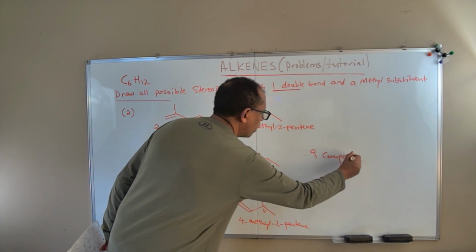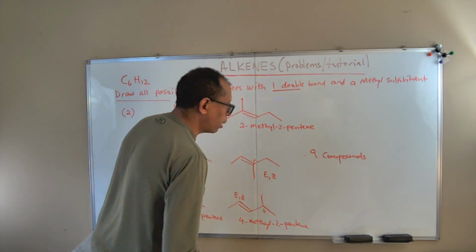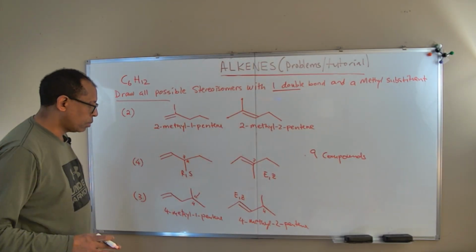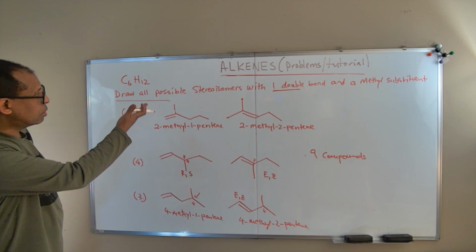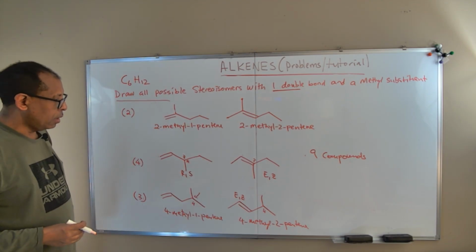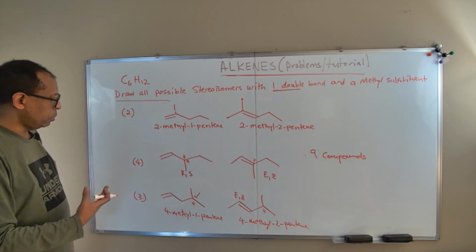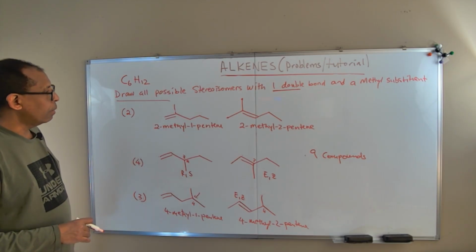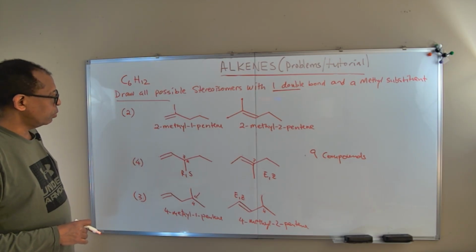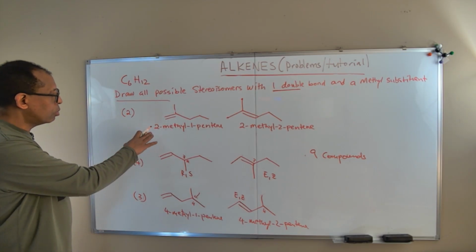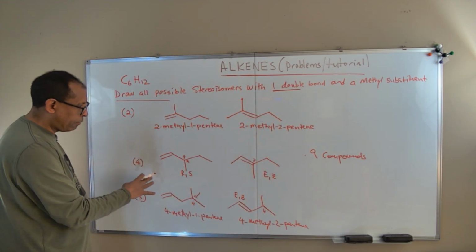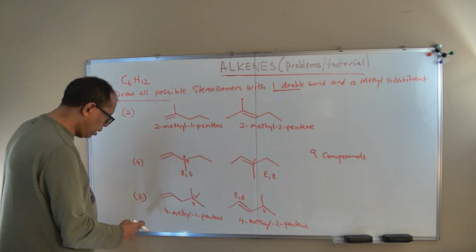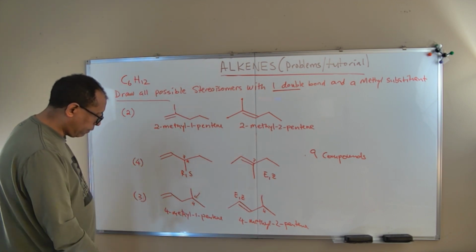At least we can write 9 stereoisomers or 9 different compounds of this C₆H₁₂. So you can exercise if you could write any other stereoisomer, that would be nice. So 2 methyl 1 pentene, 2 methyl 2 pentene, and 4 compounds out of this one, 3 compounds out of this one.